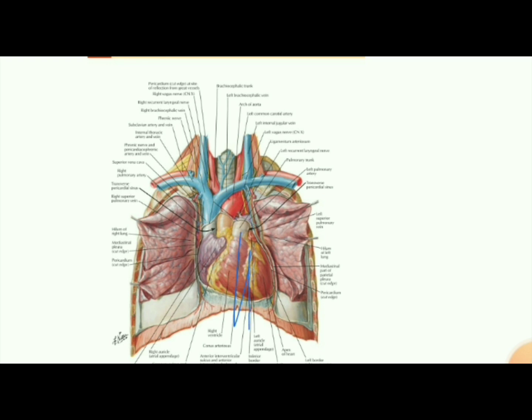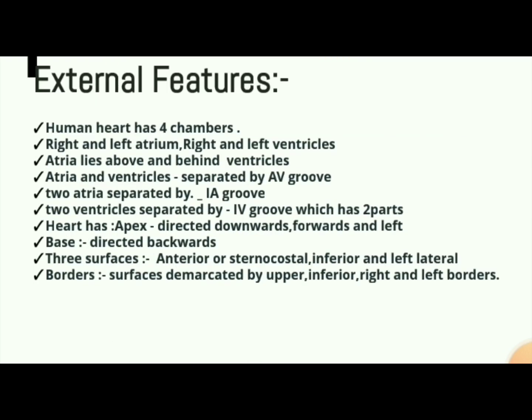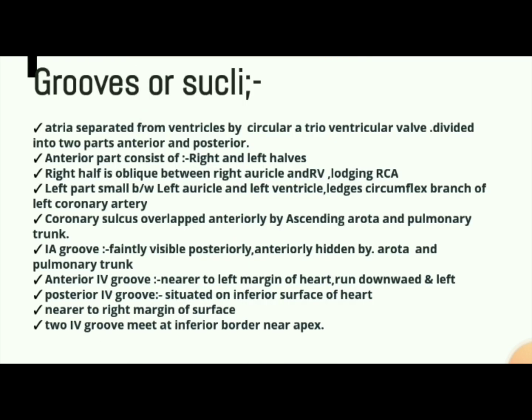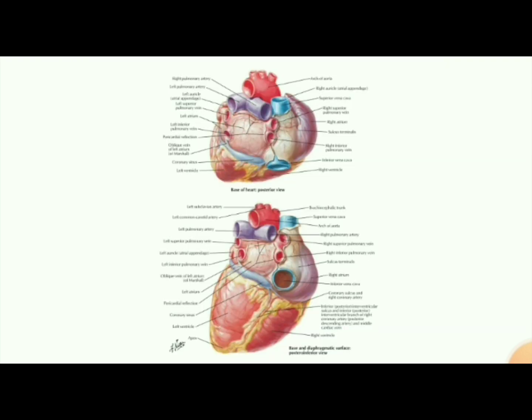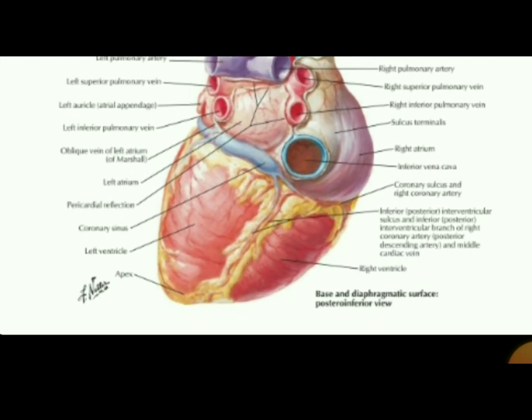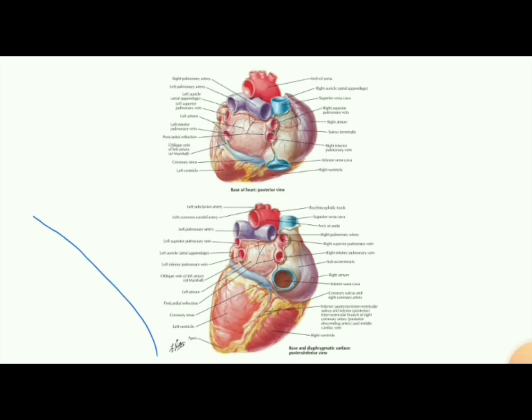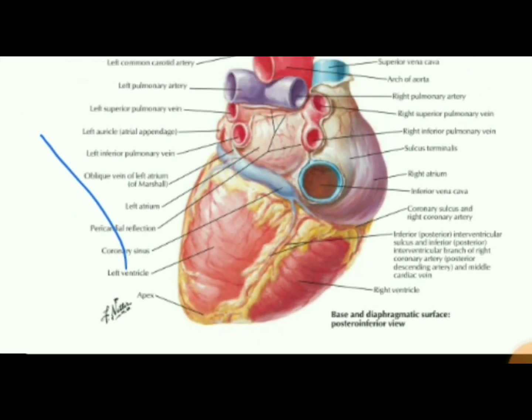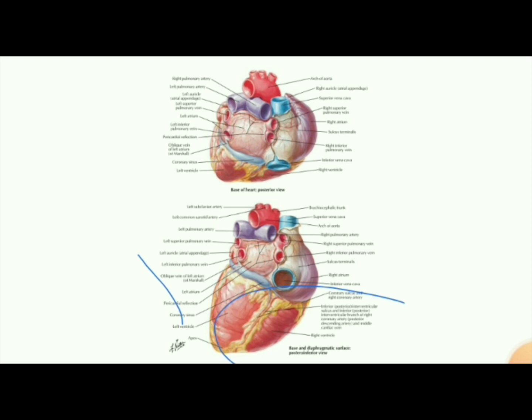Now let's move on to the posterior interventricular groove. It is situated on the inferior surface of the heart. You can see this is a posterior view, and here is the inferior or posterior interventricular groove.